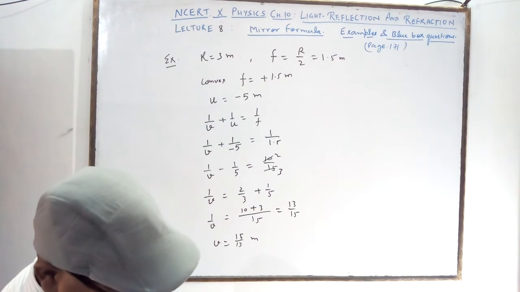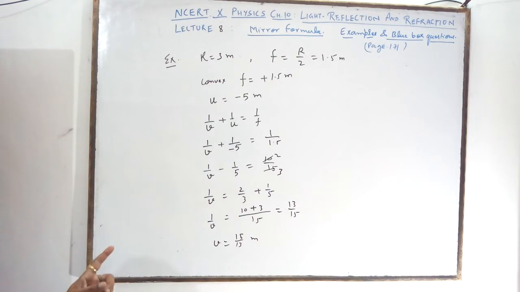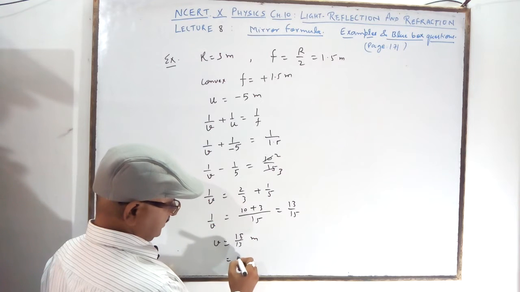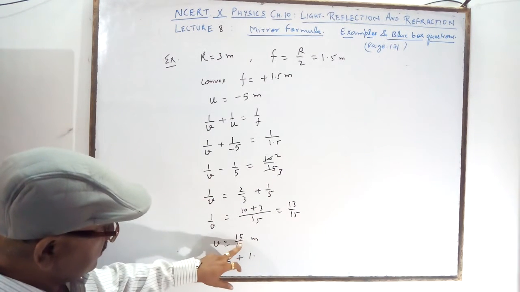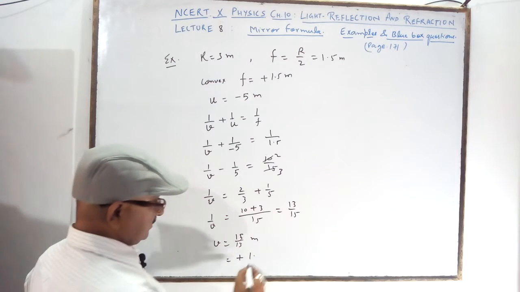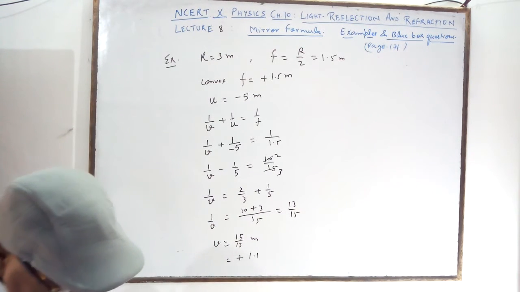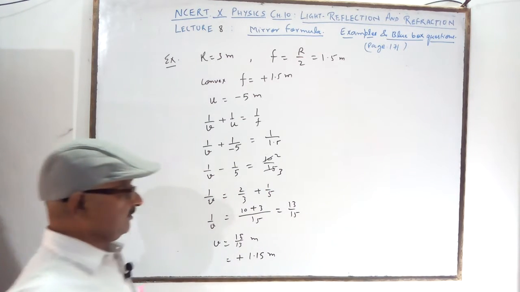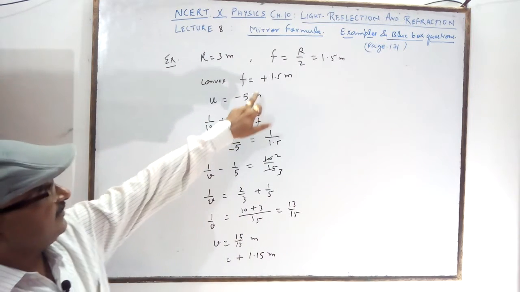15 by 13 meter, you are getting this. Approximately you will get 1.15 meter. 1.15 meter, and focal length is given 1.5.